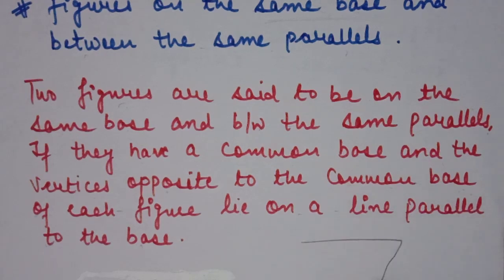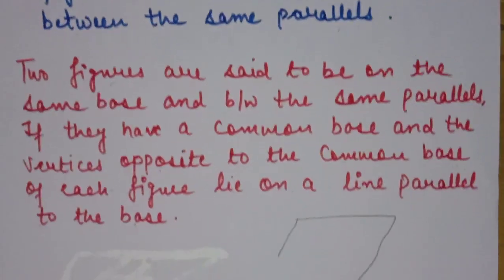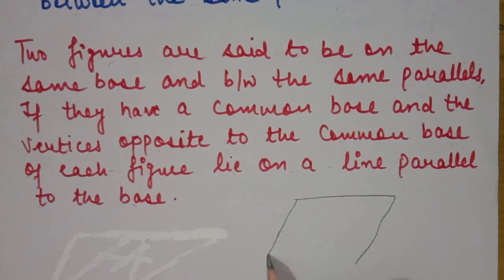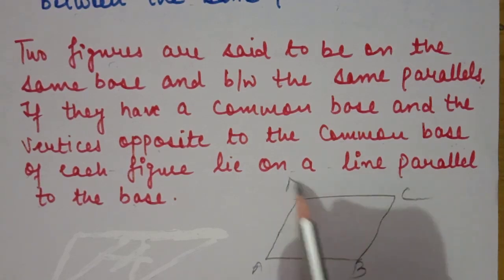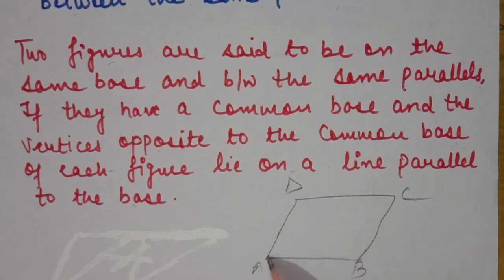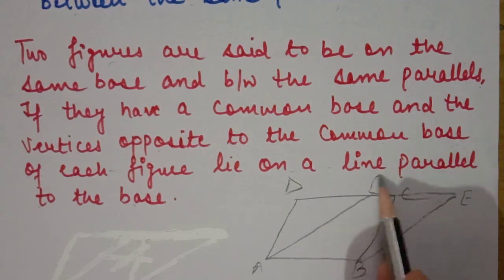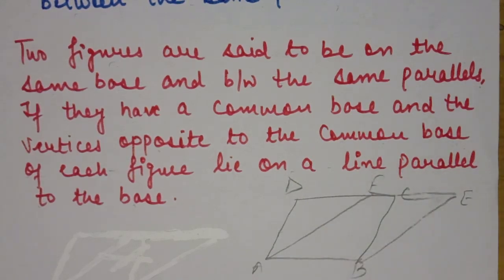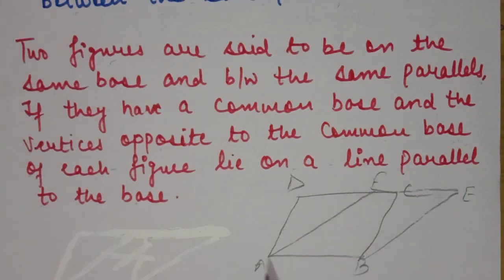If we have a parallelogram like this, parallelogram ABCD, and students, if we have a second parallelogram like this, ABEF. Now two parallelograms, ABCD and ABEF, are present on a common base.